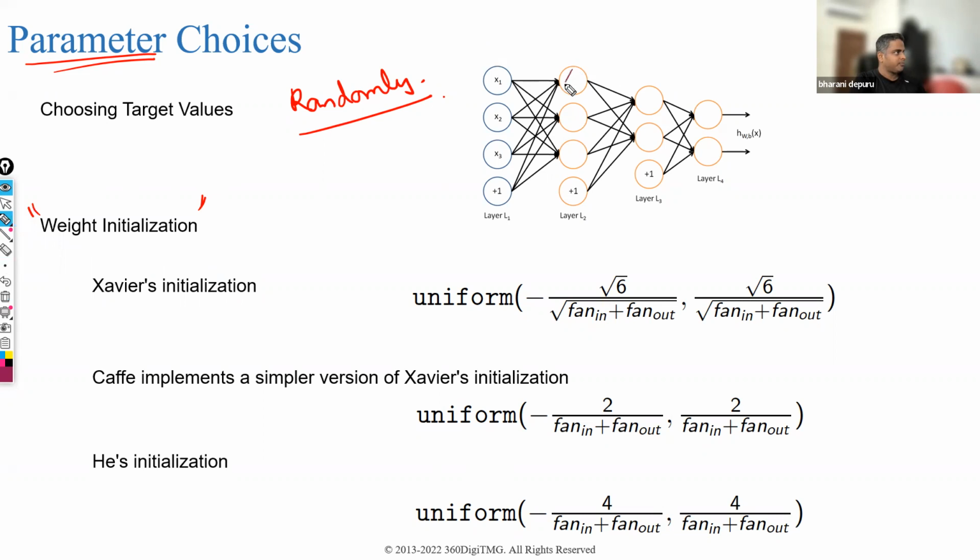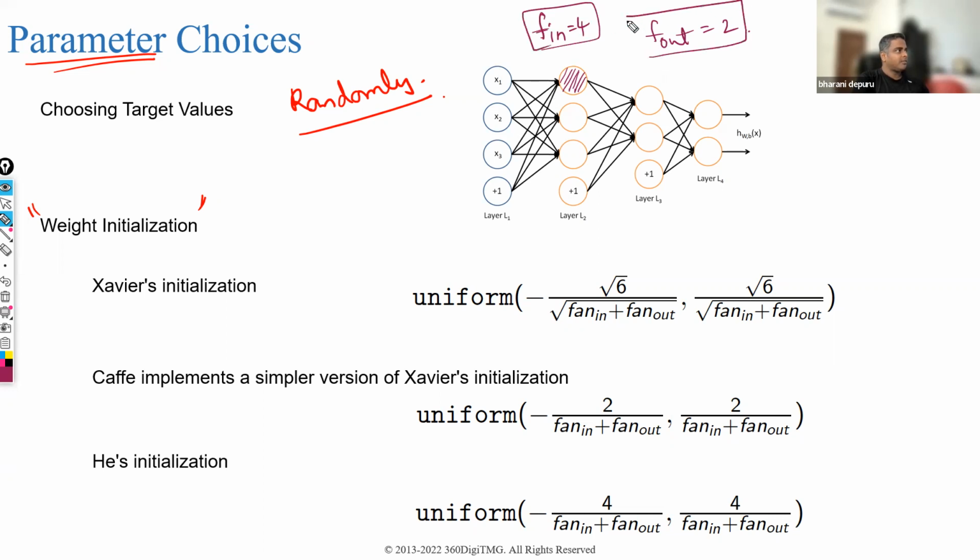Okay, this one. If you take this neuron as an example, how many outputs are there? 2. So you have how many fan outs? 2. How many inputs are there? 1, 2, 3, 4. So the number of fan in equals 4.